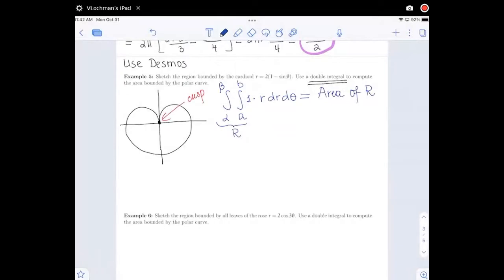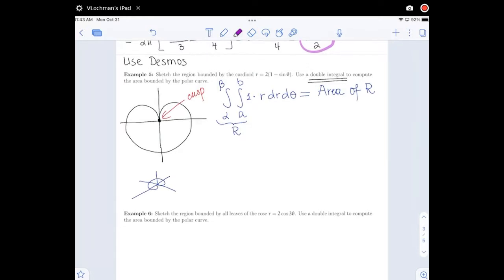Okay, so maybe one way to think about it is this way. So here's my cardioid. How is that going to sit? Something like this, right? Okay, so it sits like this. And then right above it is that plane Z is equal to 1 right here. And what we're computing is the volume under this plane.